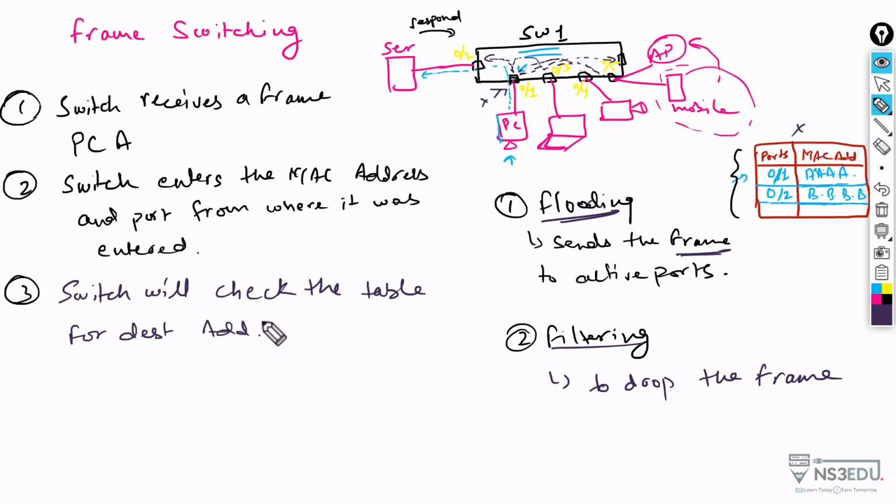If we don't have any destination address, then the switch is going to flood the frame. If it has the destination MAC address, in this case it is going to directly forward this frame to this one interface. Now coming to the fourth point, destination with matching MAC address replies.